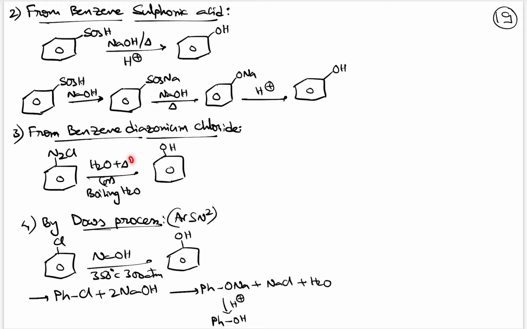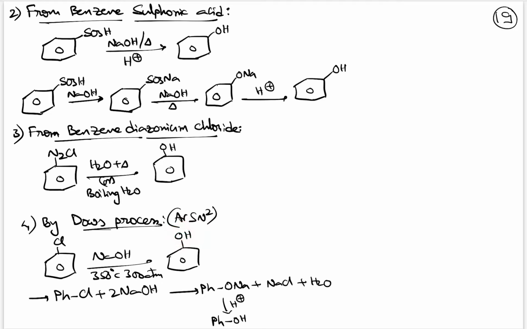Benzene diazonium chloride on continuous boiling with water, this N2Cl will be eliminated and an OH group will be introduced. And then by Dow's process, which follows a bimolecular aromatic nucleophilic substitution mechanism, when chlorobenzene is treated with NaOH at high temperature and pressure, Cl will be removed and OH will be introduced.